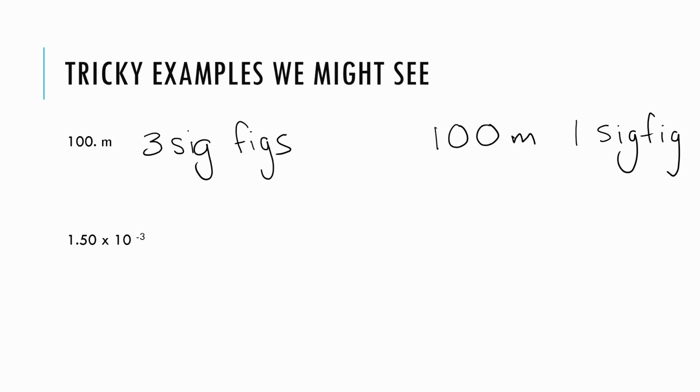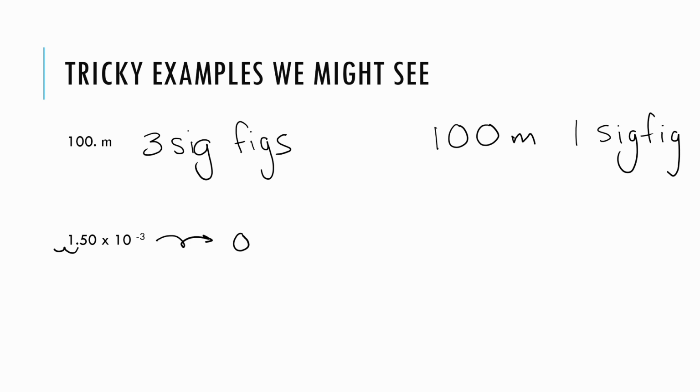For the 1.50 times 10 to the minus third, sometimes it gets a little bit tricky when we're looking at scientific notation or when we're looking at decimals. Now, in this case, when we're looking at the 1.50, we can use this to determine our significant figures. You don't necessarily need to convert it, but I'm going to just so we can see what this actually looks like. So what we're doing when we're converting from 10 to the minus 3, we're going to move this decimal place 3 spots.